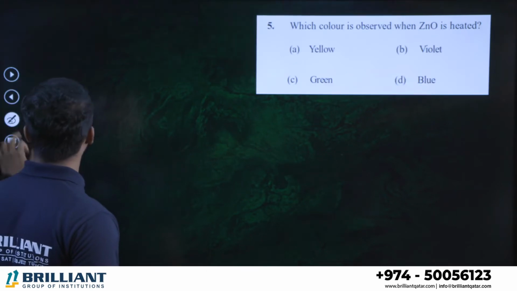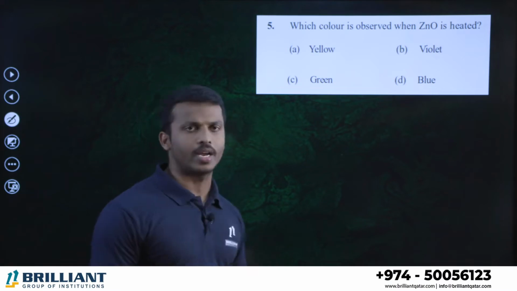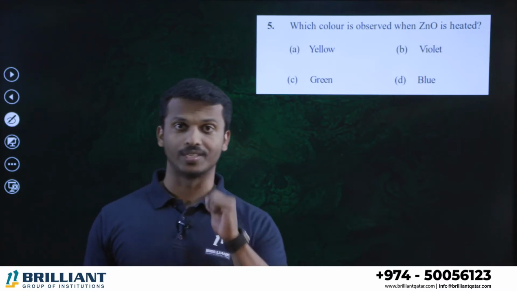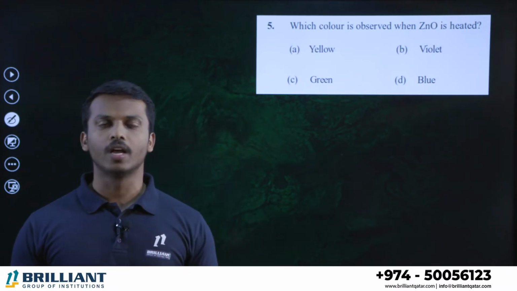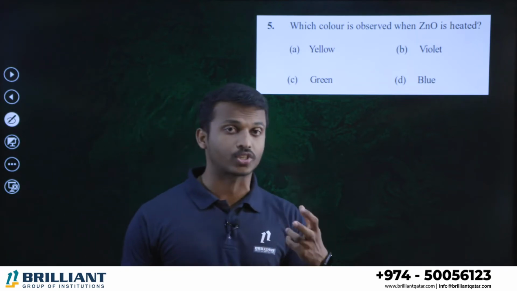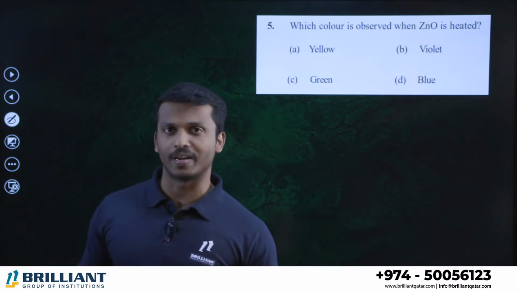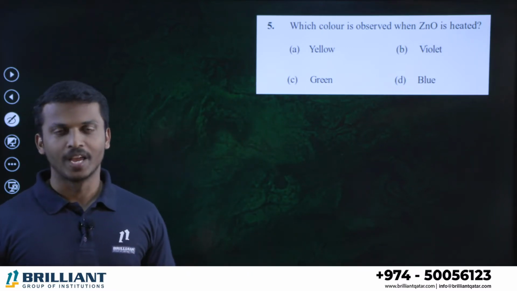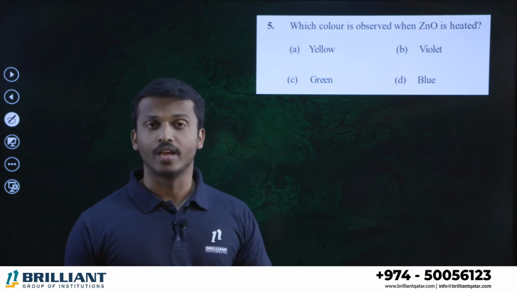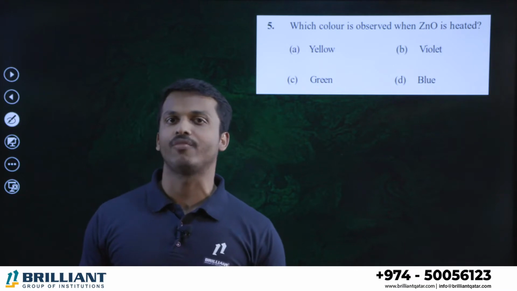Question number 4. Here we have, which color is observed when zinc oxide is heated? Which chapter? Solid state. In the solid state chapter, the last part you're studying is the defects, right? What are the imperfections in crystals? You're studying stoichiometric defect, non-stoichiometric defect, impurity defect, etc. In non-stoichiometric defect, you're studying again two, metal excess defect and metal deficiency defect.